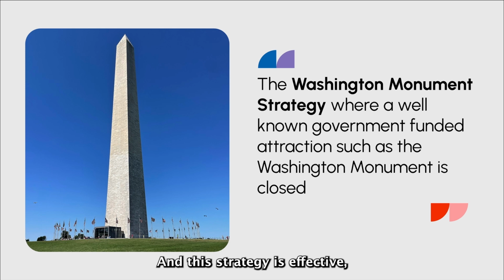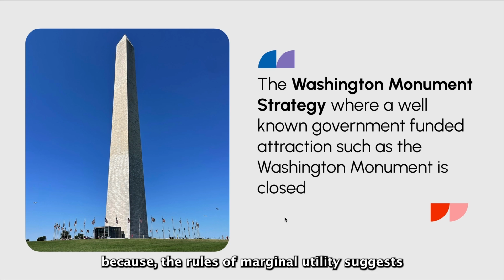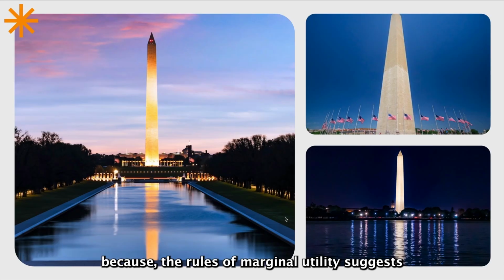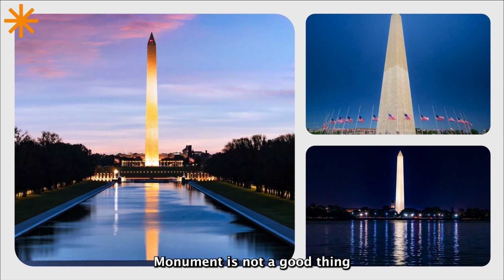And this strategy is effective, but it's also misleading in terms of marginal utility, because the rules of marginal utility suggest that closing the Washington Monument is not a good thing, because you want to keep it open because it provides such high utility to the general public at a relatively low cost compared to other services that are in the budget.